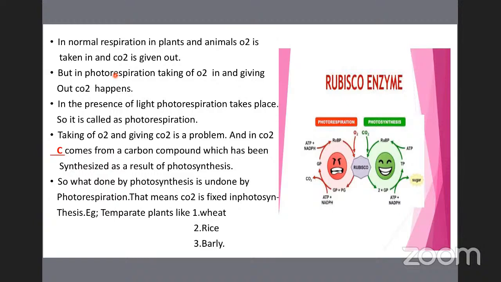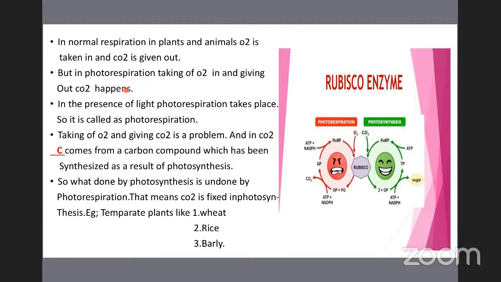Here, in photorespiration, oxygen is taken in and CO2 is given out. Whereas in normal respiration, that is in plants and animals, O2 is taken in and CO2 is given out. But in photorespiration, also taking oxygen in and giving out CO2. It means both look the same.